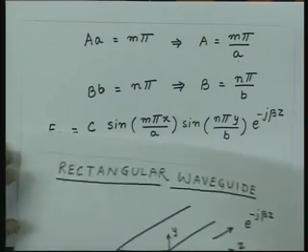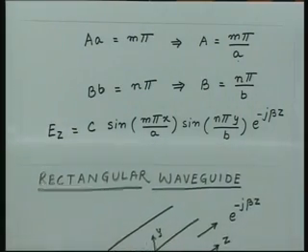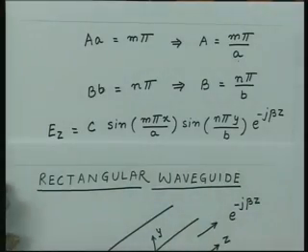Once we have understood the field behavior for the parallel plane waveguide, visualizing this now for the rectangular waveguide is very straightforward, because we have already developed the physical understanding of how the field variation is going to be.